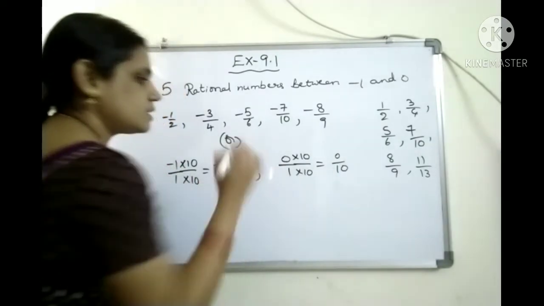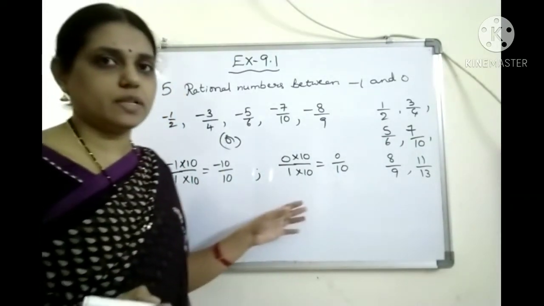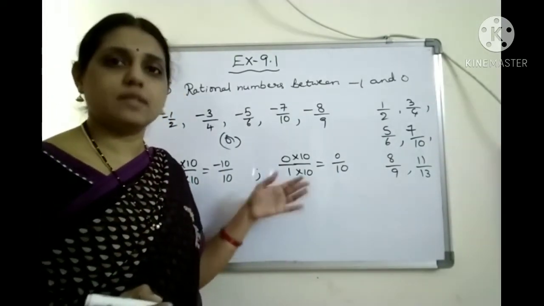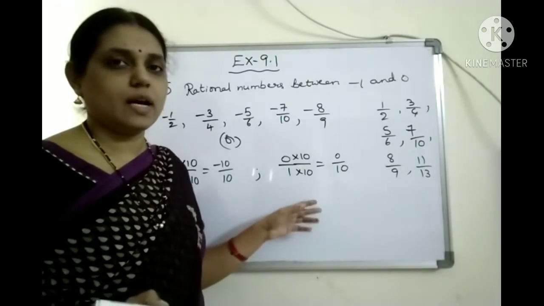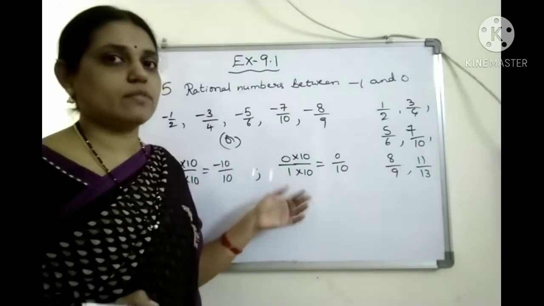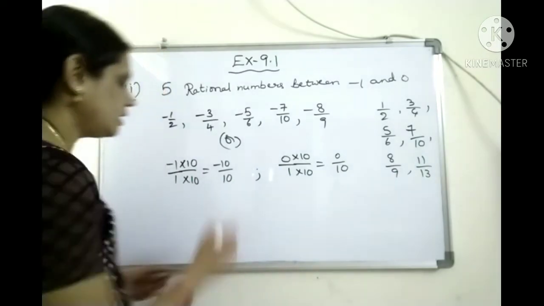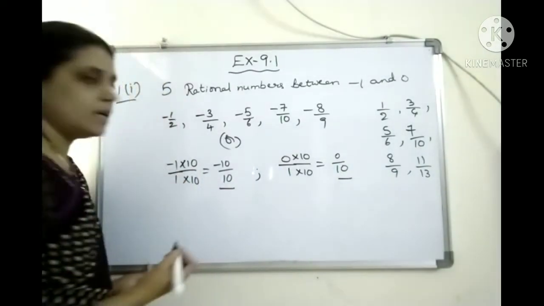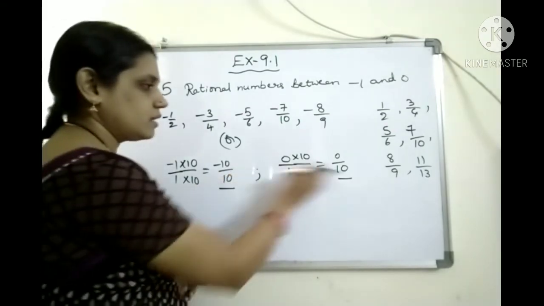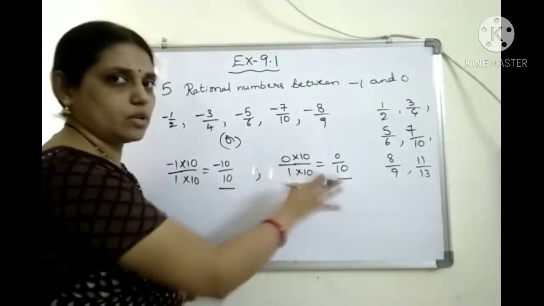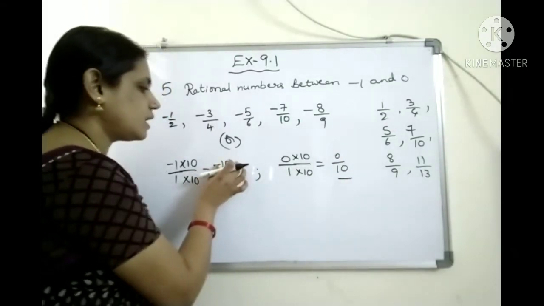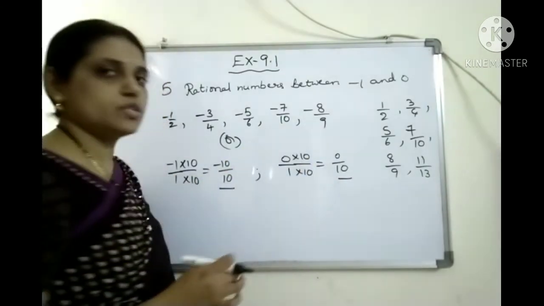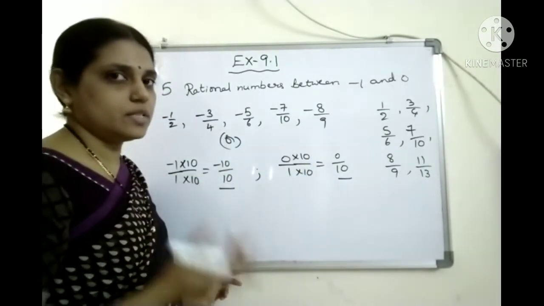But actually this is not the rule to multiply with 10. Since the multiplication with 10 is easy, I have taken 10. Otherwise you can take 5, 6 like that also. Okay, so now -10 by 10 and 0 by 10. Now we got two equivalent rational numbers with the same denominator. Now between -10 and 0, any integers you can take.